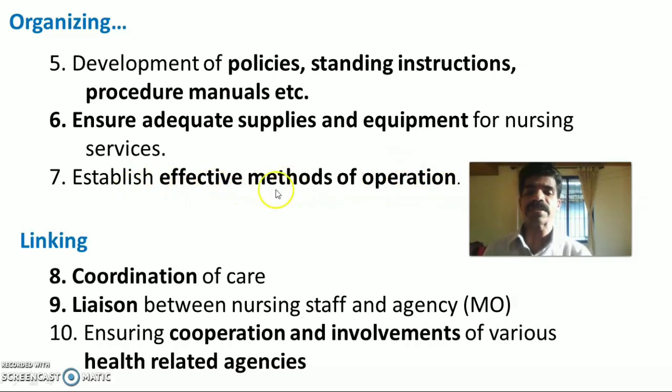Establish effective scientific methods of activities for comprehensive nursing services. These are the three functions under organizing. Development of policies, standing instructions, procedure manual, etc. Ensure adequate supplies and articles and equipment for rendering quality nursing services. And establish effective methods of operation, cooperative and good interpersonal relationship and good communication, thus to render quality services.